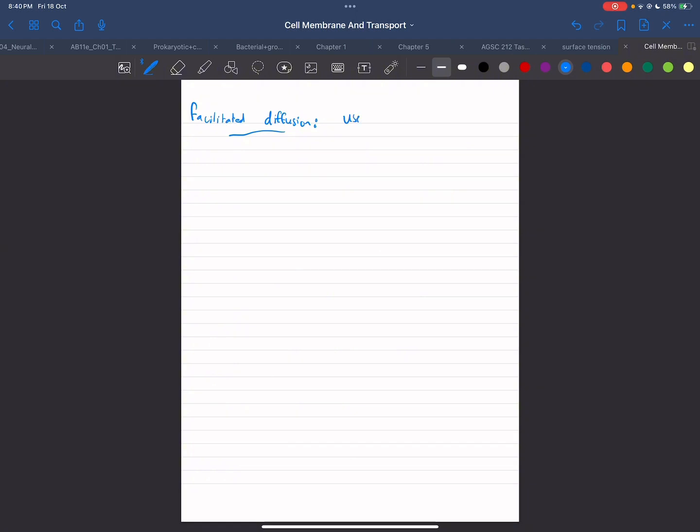So we use proteins, but again, remember, since we're still talking about passive transport, no energy is required, and we go from high concentration to a low concentration. That's why we say down a concentration gradient or along a concentration gradient.